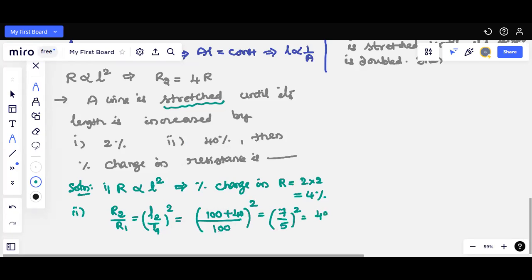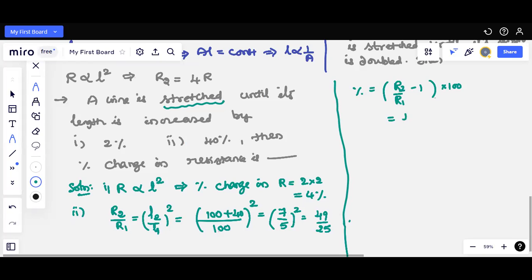And 49 divided by 25. Okay, this is the R2 by R1. But how do you calculate the percentage, sir? Percentage is R2 by R1 minus 1, into 100. This is the method to solve the percentage.